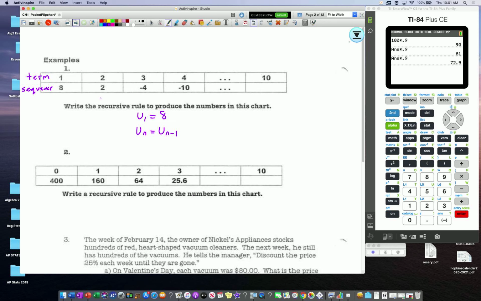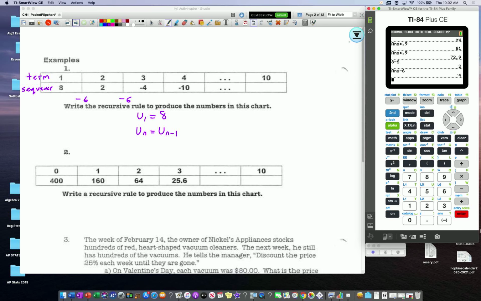To go from 8 to 2, logic says I subtract 6. If I subtract 6 again, do I get negative 4? If you're not convinced, go 8 minus 6, use your technology, minus 6 again. Look at that, they're starting to match up. So I know that here, the mathematical operation is minus 6.